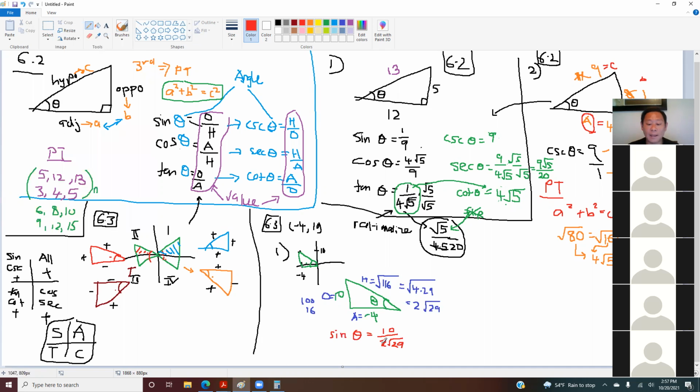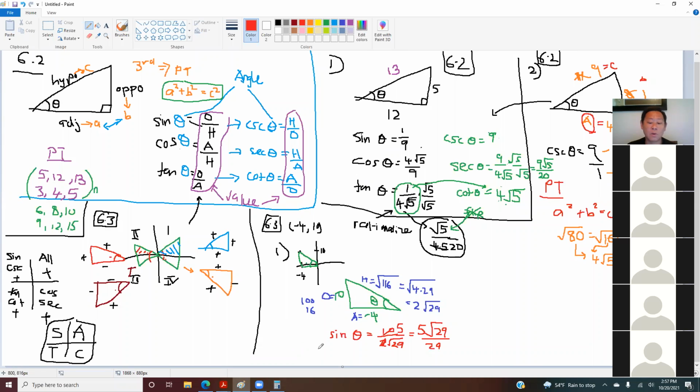So 2 and 10 can be reduced to become 5. And as you know, I don't like root 29 down there, so I have to rationalize it. So I just move the root 29 on top, and then this becomes 29. So sine theta in this case is 5 root 29 over 29.